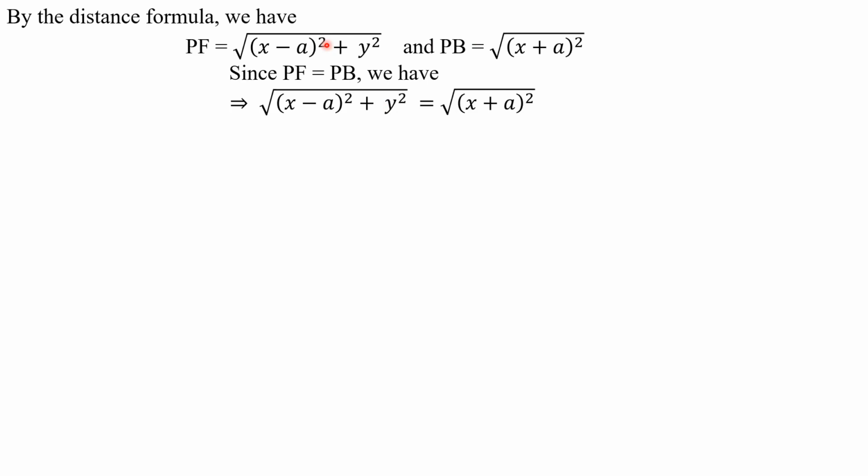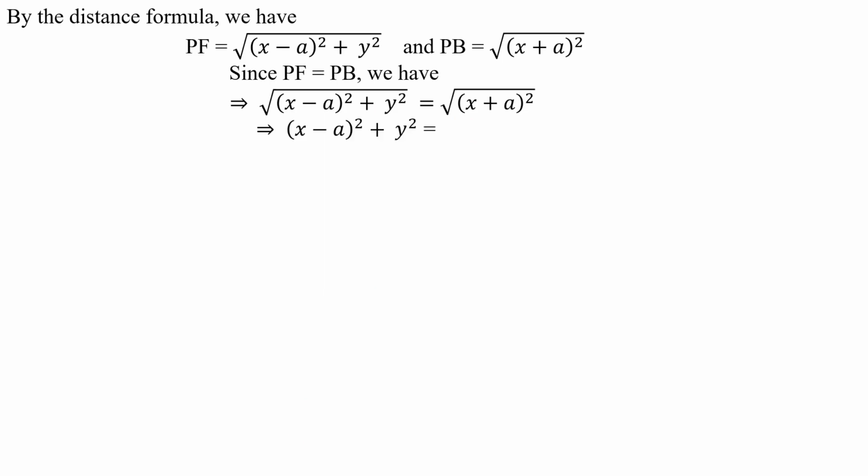We have equated these two quantities because P lies on the parabola, so the distance of the point P from the focus is equal to the distance of the point P to the directrix. That is why we have this equation. Understood this step, my children?